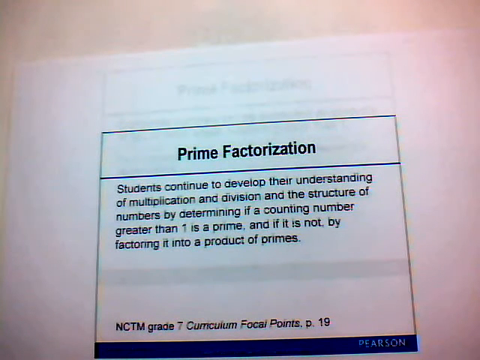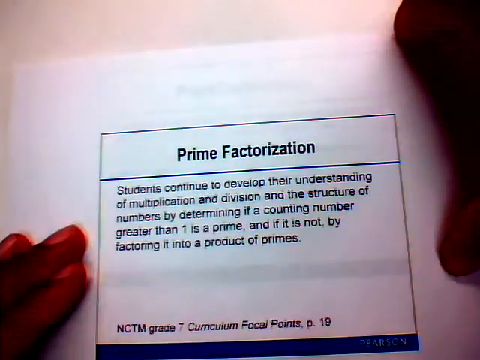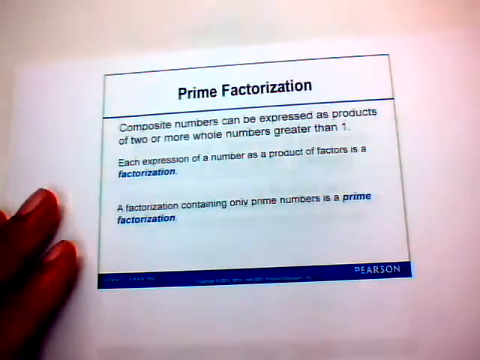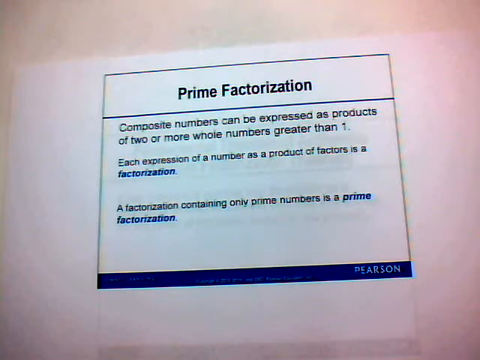Now let's talk about prime factorization. Students continue to develop their understanding of multiplication and division and the structure of numbers by determining if a counting number greater than 1 is prime, and if it is not, by factoring it into a product of primes. Composite numbers can be expressed as products of 2 or more whole numbers greater than 1.